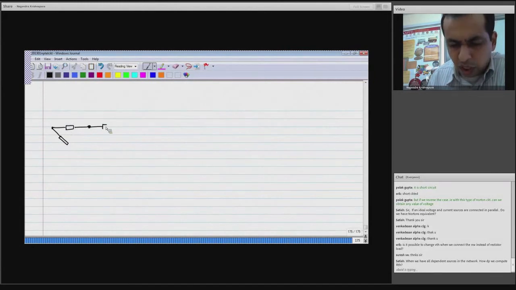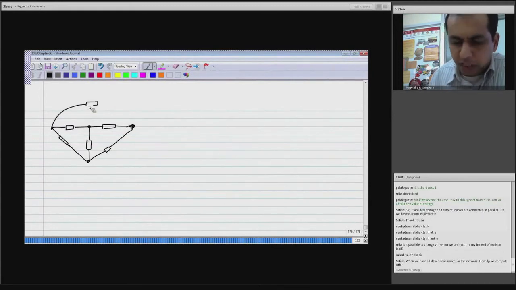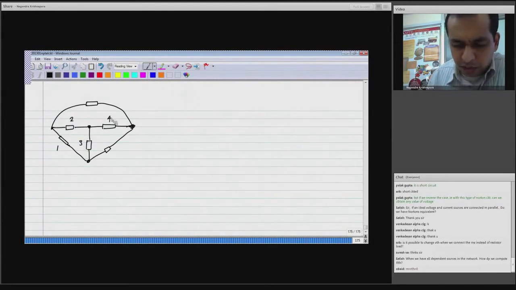I will show arbitrary branches. I don't really care what the branches are. They can be any elements. And I will number the branches, let's say 1, 2, 3, 4, 5, 6.